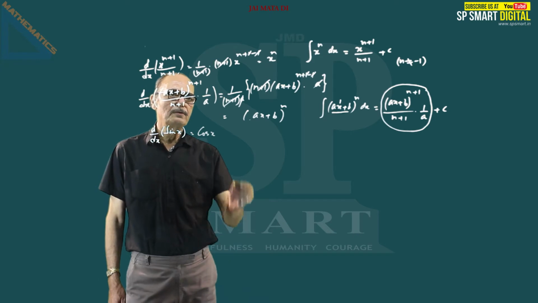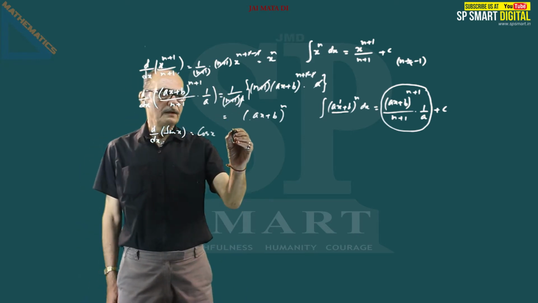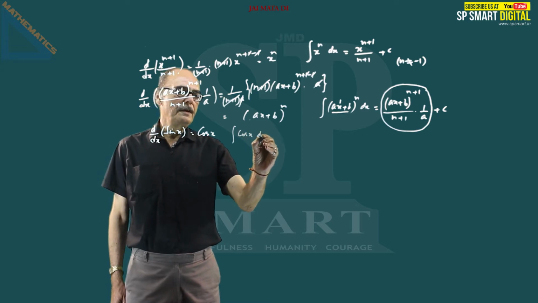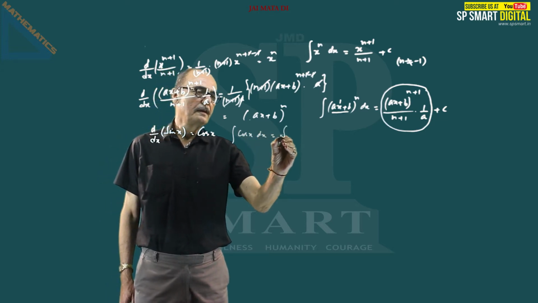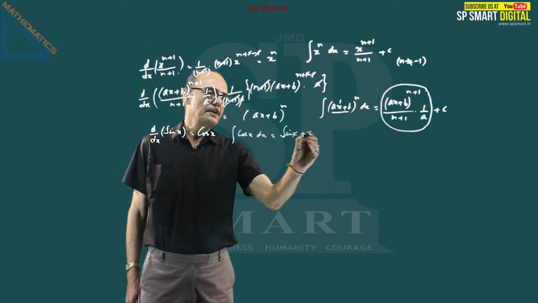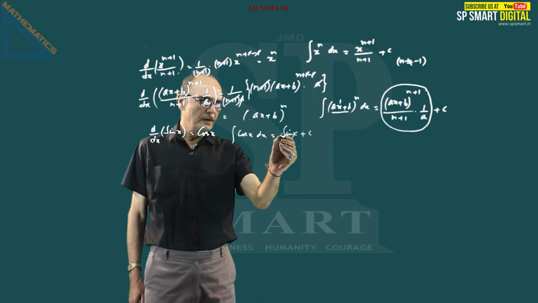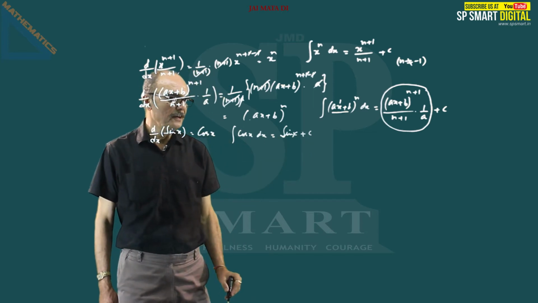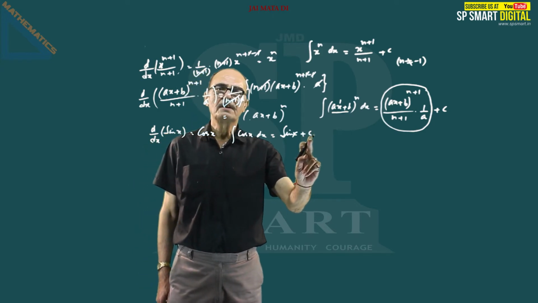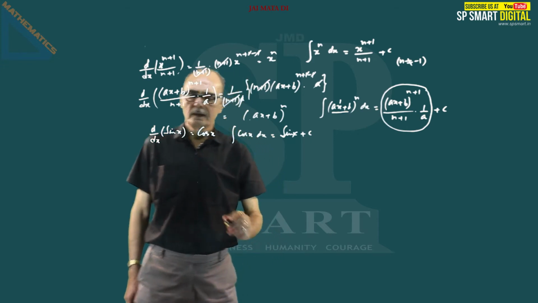So, obviously using the above concept, integral of cos of x d of x is sine of x plus constant c. Now, if on the right hand side we differentiate sine x plus c, derivative of sine x is cos x and derivative of the constant c is 0.